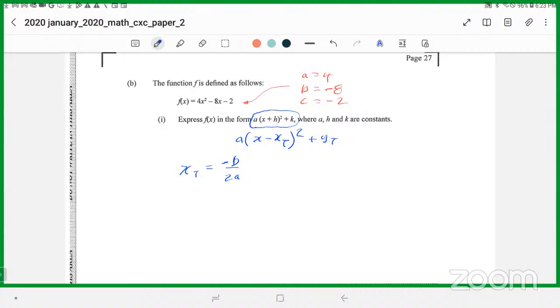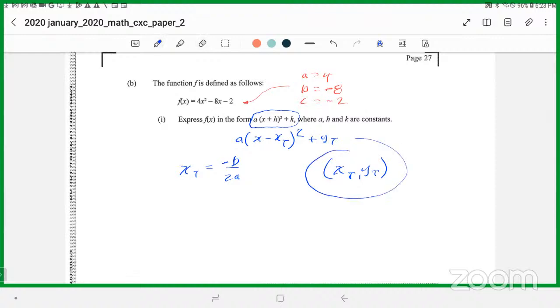When we write our turning point, it is xt, yt. When you use the h method, then the turning point is minus h, k. It has to be a minus h, k. That's the difference. I prefer this way because you don't have to put in the minus.